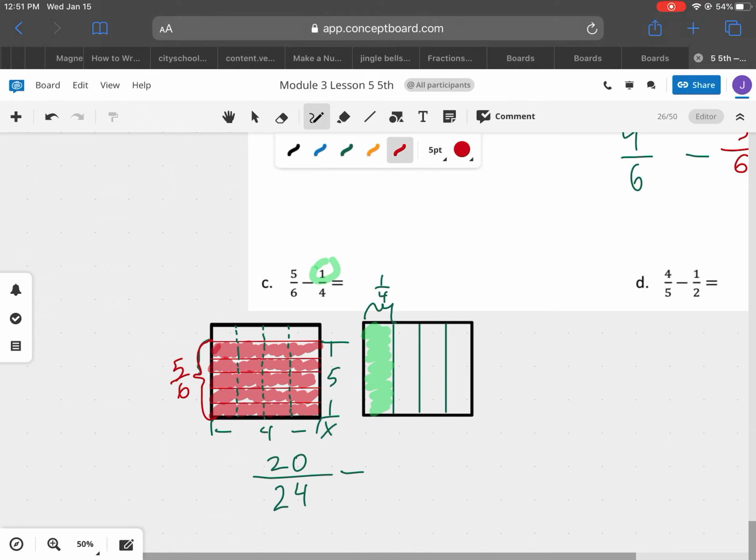All right, so now I'm going to divide this into 6. All right, and that gives me 6 24ths.